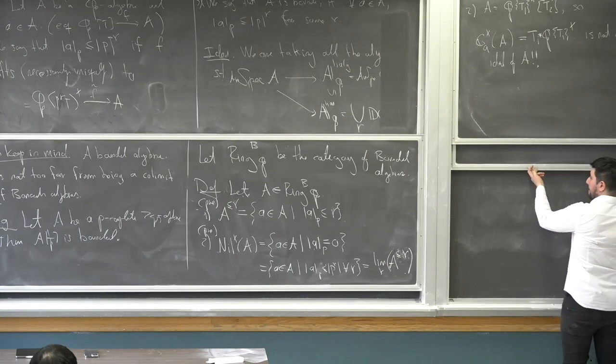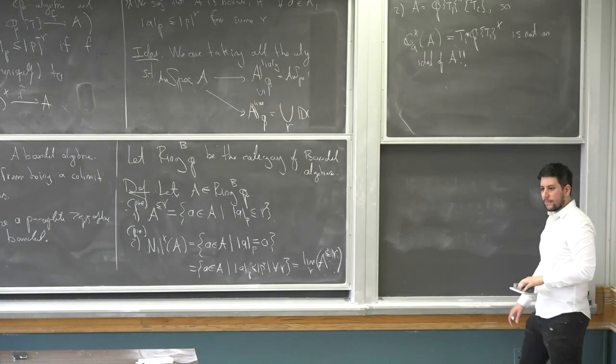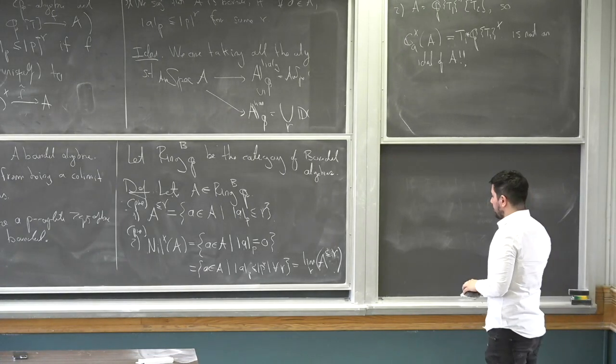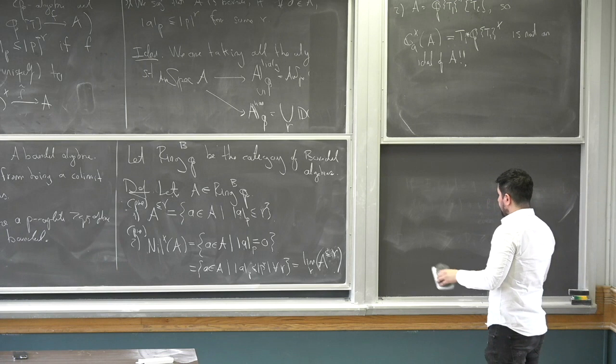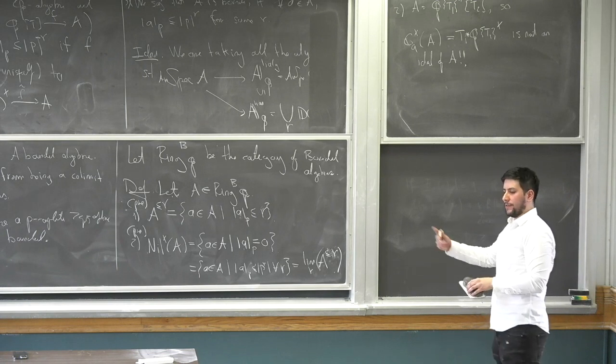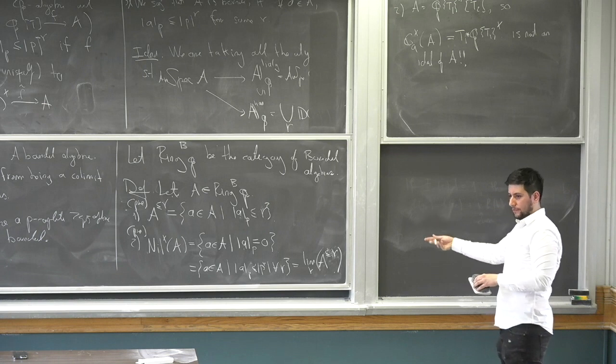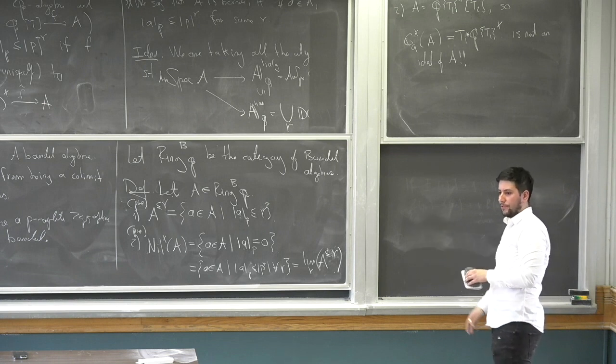But because the limit itself, if you take derived limits, might itself not be connected. Yes, it could be the case that it is not connected. That depends on whether this guy is going to be complete or not. Or maybe you go to its completion.